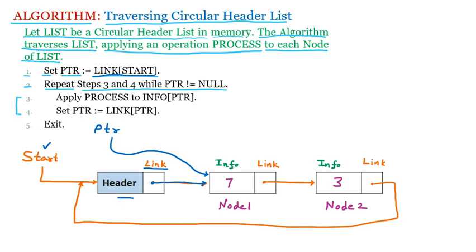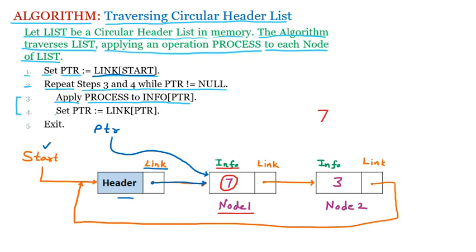Now apply PROCESS to INFO[PTR]. PTR is pointing to node 1, and the info part of node 1 is 7. Process means display, so we display the 7. We have successfully displayed the first node, which is 7.